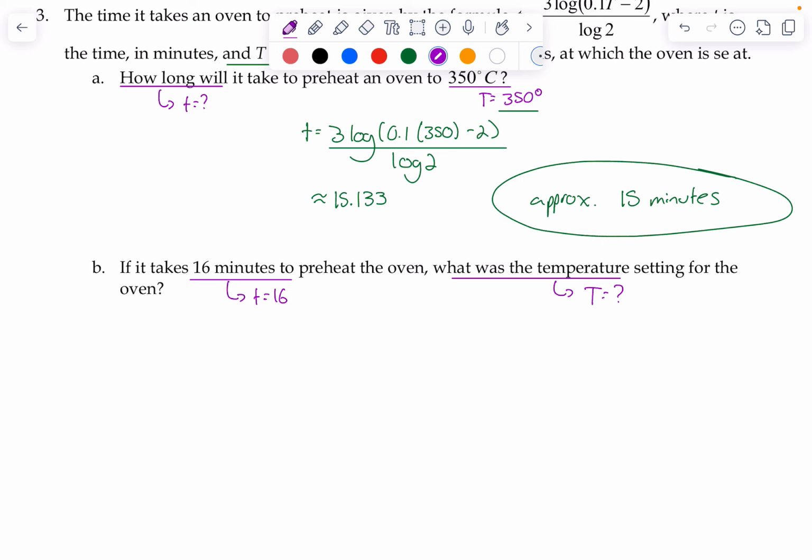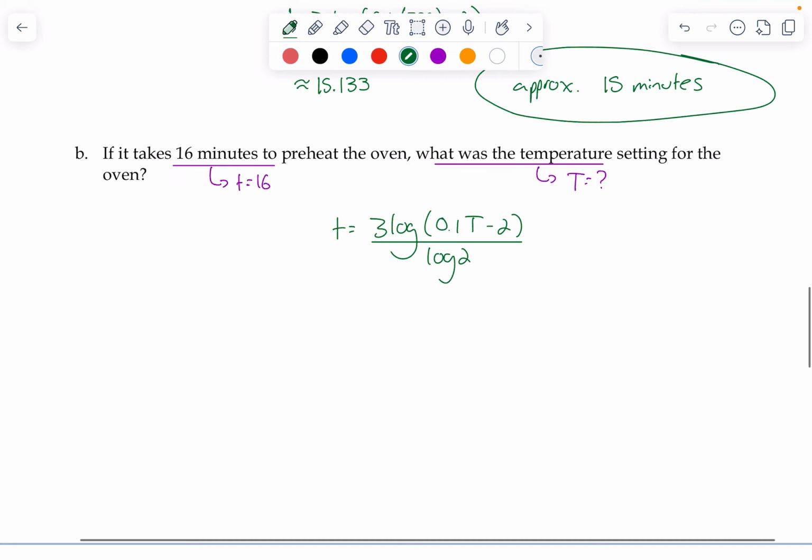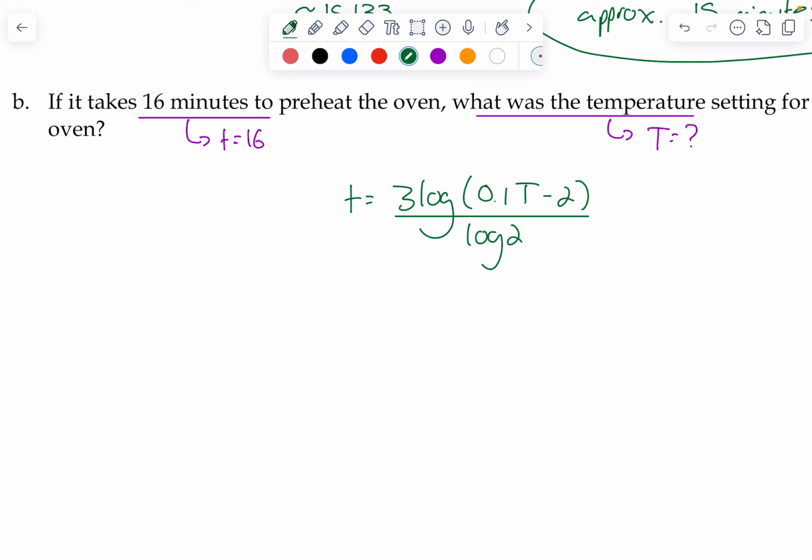So we have our formula, which is t being equal to 3 log 0.1 T minus 2 all over log 2, and it is giving you a little t value of 16. So that's 16 is 3 log 0.1 T minus 2 all over log 2.